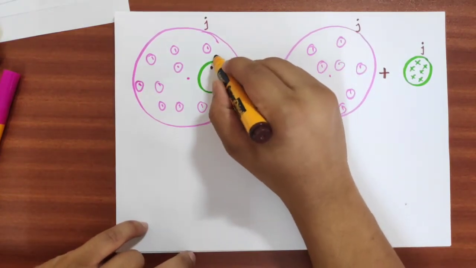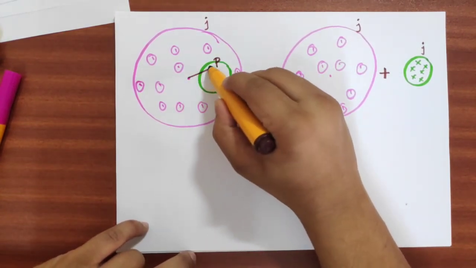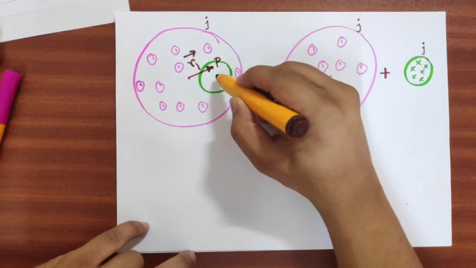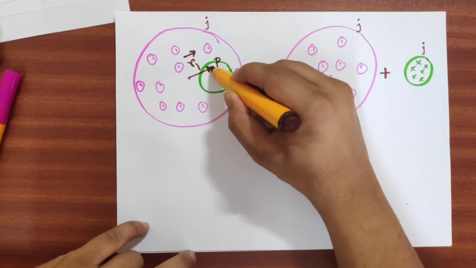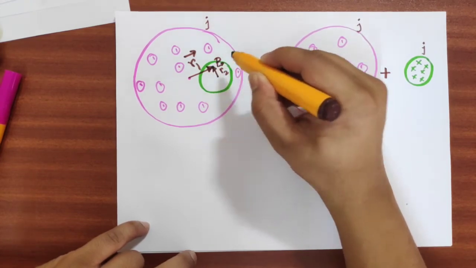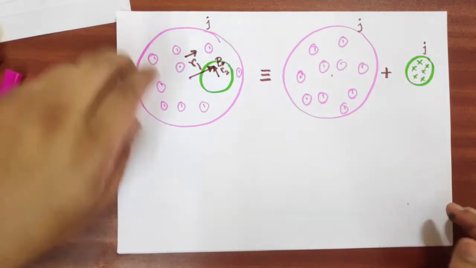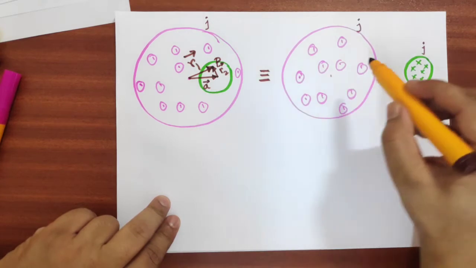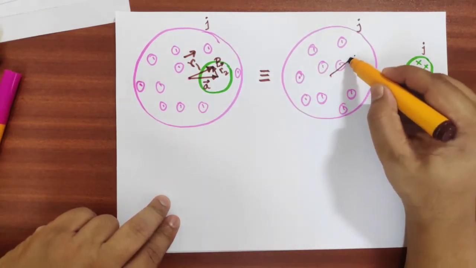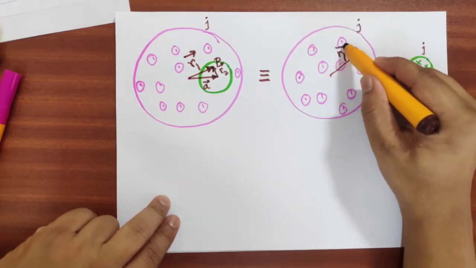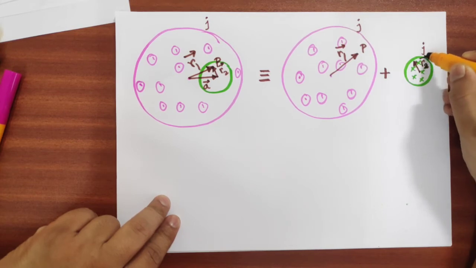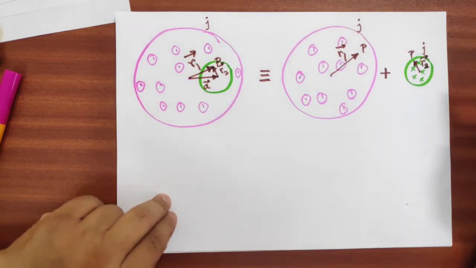Suppose you have a point P here, and its position vector from the center of the wire is R1, and from the center of the cavity the position vector is R2, and the position vector between the centers is A. Is the diagram clear?